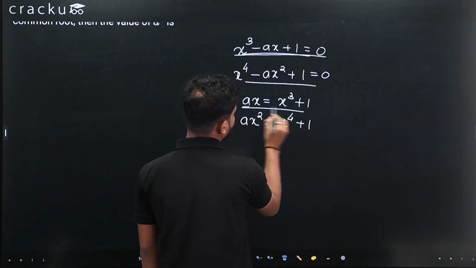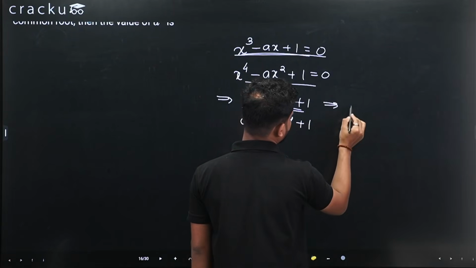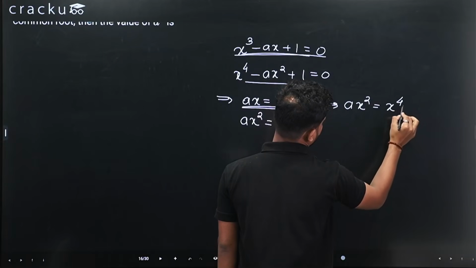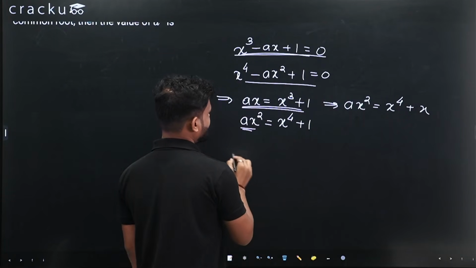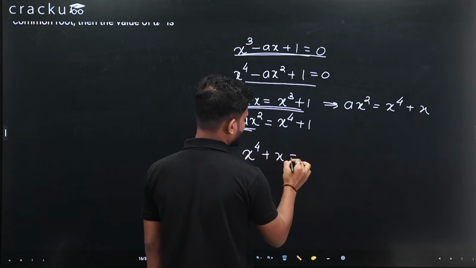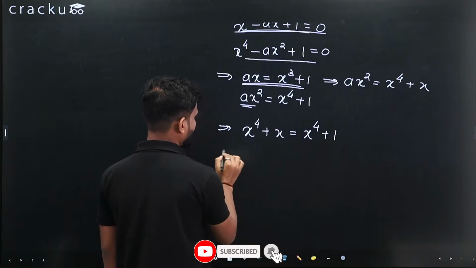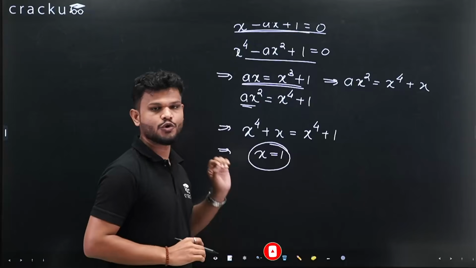Now from here, what can I write? I can multiply both sides by x. If I multiply both sides, I get ax square equal to x raised to 4 plus x. This is also ax square. So both sides will be equal. So x raised to 4 plus x will be equal to x raised to 4 plus 1. And from here I get x is equal to 1. And this is the common root which we want.